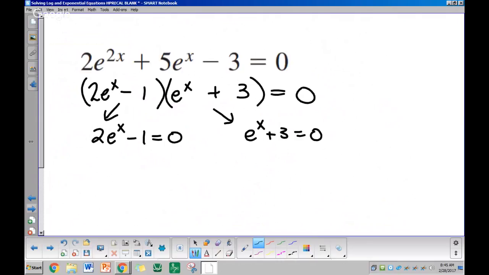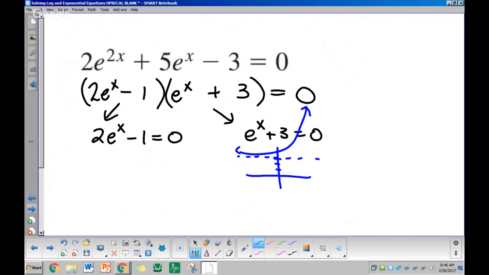I'm going to work on the equation to the right because I'm in my head thinking graphically. e to the x plus 3. What do you know about the e to the x graph? Right. But is it ever going to be equal to 0, that equation?